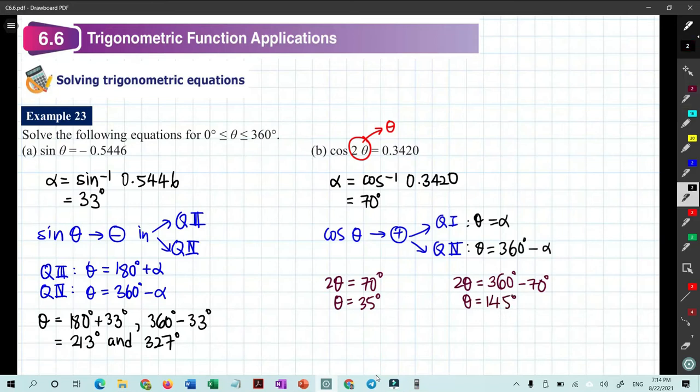Normally when it is cos 2 theta, you're going to have 4 answers.